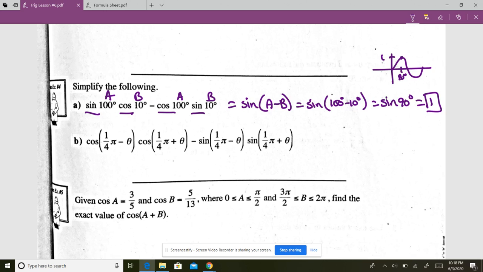Cos. So this looks more complicated, but if you look, this and this are the same.